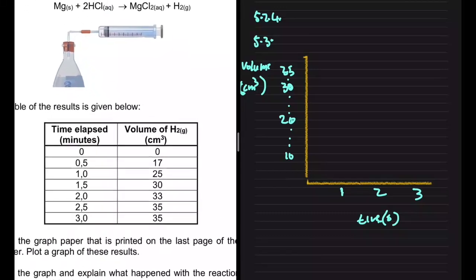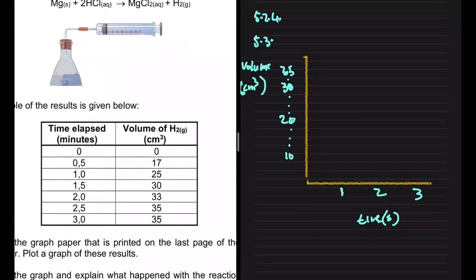Right. So our first coordinate, we have 0 and 0. So let's just put a bullet point here. And then we have 0.5 and 17. So 0.5 and 17 somewhere here. We have another bullet point right there. 1 and 25. So we have 1 and 25 somewhere here. 1.5 and 30.